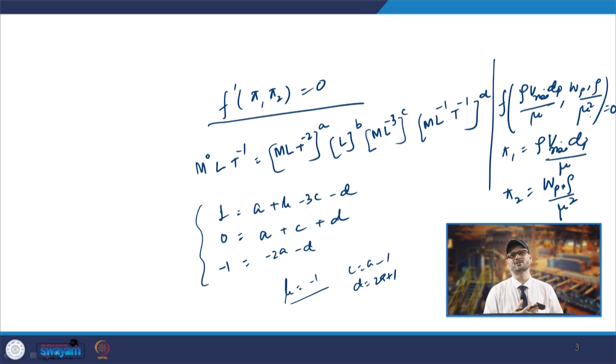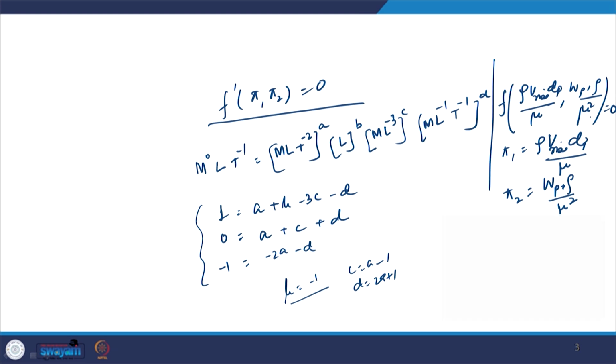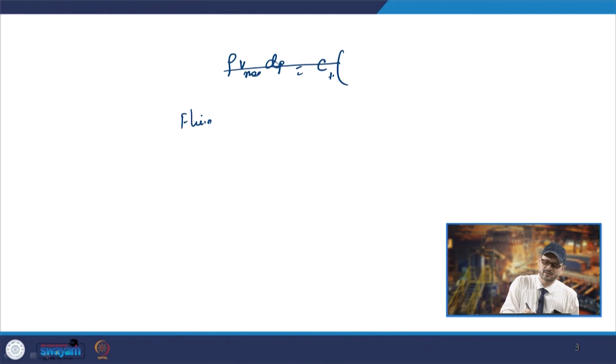When you are trying to analyze a system, that is the time you use these numbers. You may have different types of dimensionless groups which are used in modeling, like when you go for fluid flow cases.